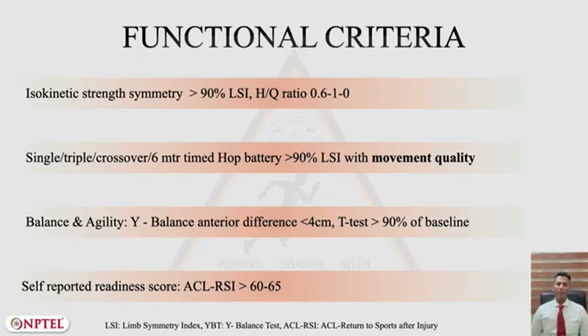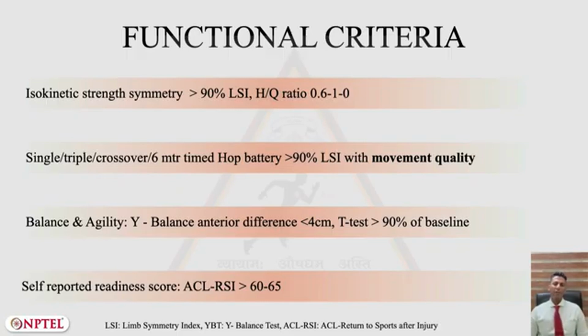Isokinetic strength symmetry should be above 90% limb symmetry index, with a hamstring to quadriceps ratio between 0.6 and 1.0 for knee stability in the athletic population. In elite level sports where pivoting and cutting activity is very much required, the ratio to be maintained is 0.9 to 1.0.